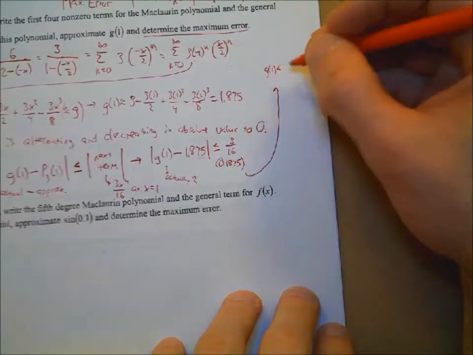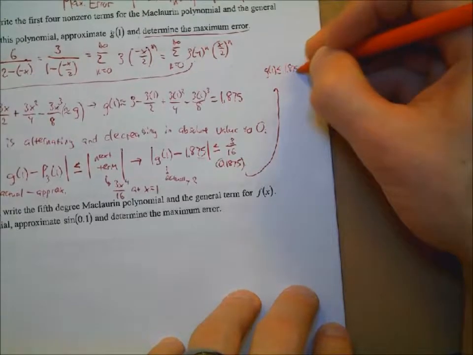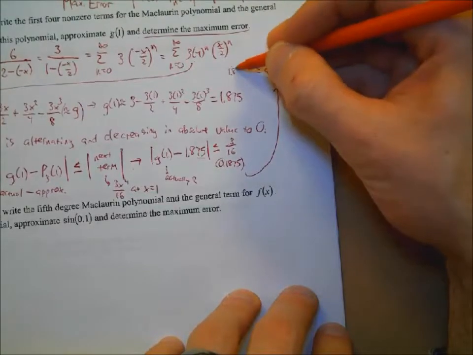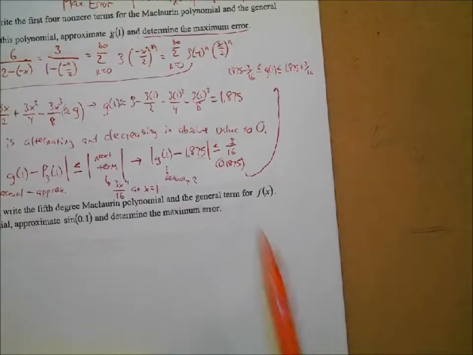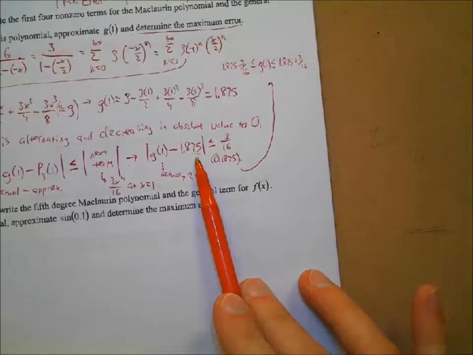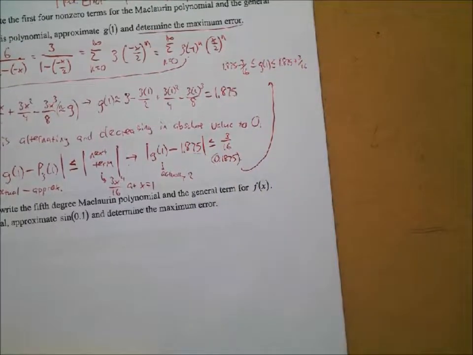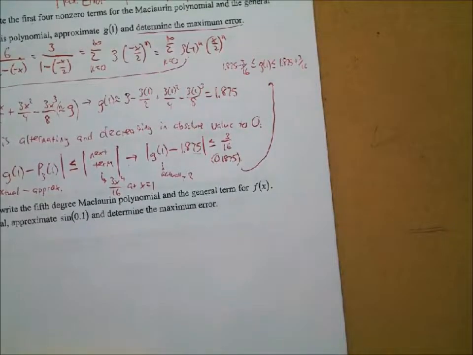So it's less than or equal to 1.875 plus 3/16, and greater than or equal to 1.875 minus 3/16. That gives us the range. The difference between the actual value and our estimate is going to be off by at most 3/16. So g of 1 is between 1.875 minus 3/16 and 1.875 plus 3/16.